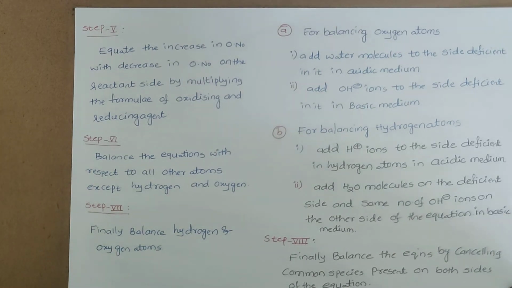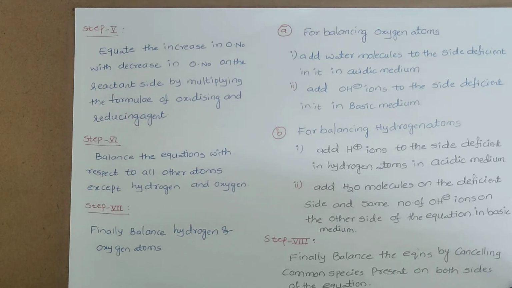After balancing the oxygen atoms, we need to balance the hydrogen atoms. These hydrogen atoms are balanced in acidic medium by adding H plus ions to the deficient side. If it is a basic medium, add water molecules on the deficient side and the same number of OH minus ions on the other side, that is the rich side of the equation.